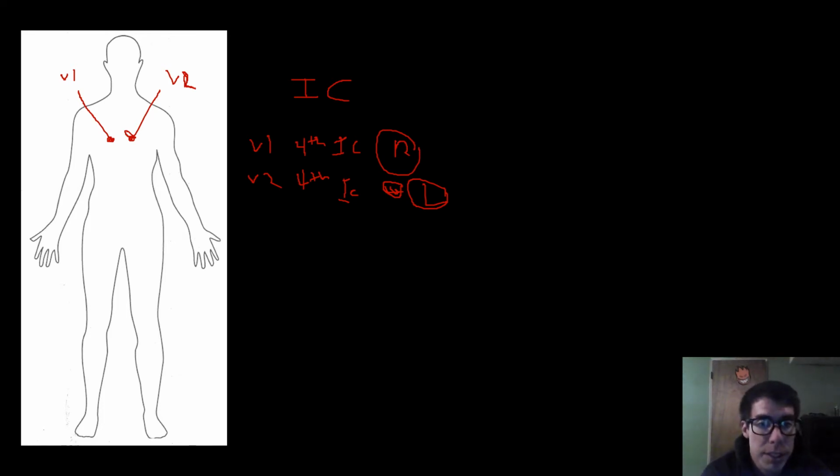And then we're going to skip V3 and go to V4, which is mid-clavicular line, so that would be like right here. It's that little indentation where it goes in on your collarbone to the shoulder. That right there, that's your mid-clavicular line. You'd follow the mid-clavicular line down and you'd go to the 5th intercostal space. So like right there.